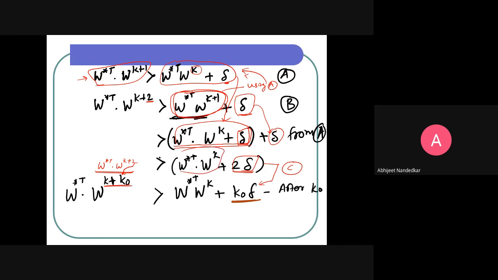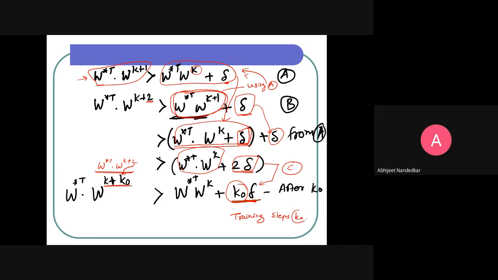Keep this first term as it is. I can just add K0 delta, since I have done K0 steps after the step number, say B. So I have done so many steps; these are all training steps.